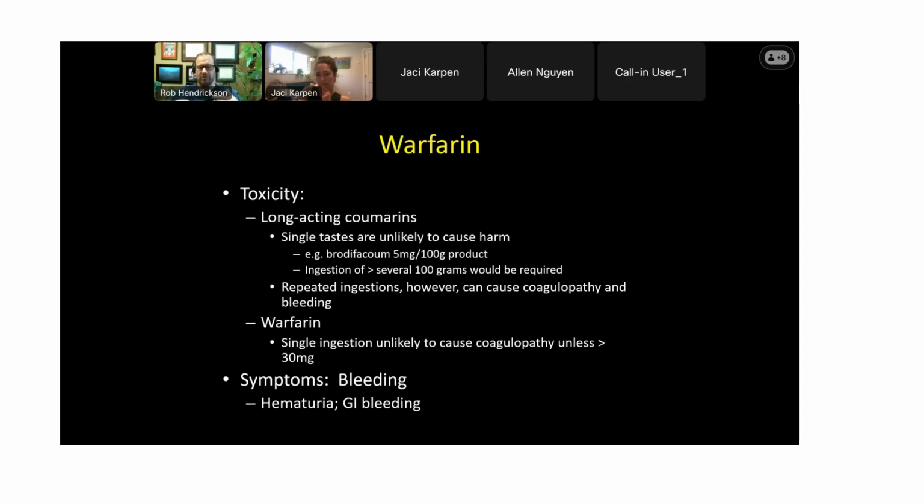So, almost none of them do that. If a 2-year-old sat down and chugged 2 full boxes of brodifacoum pellets, well, then we probably have to send them in. They may develop a coagulopathy. However, there were cases, very unfortunate cases.